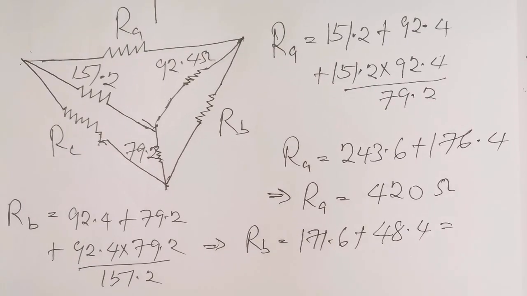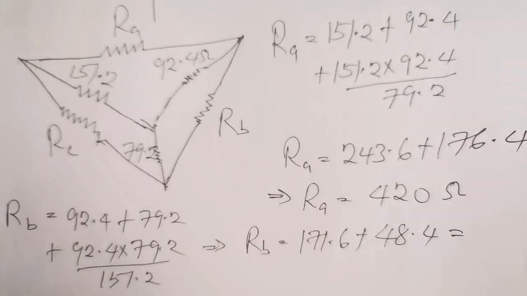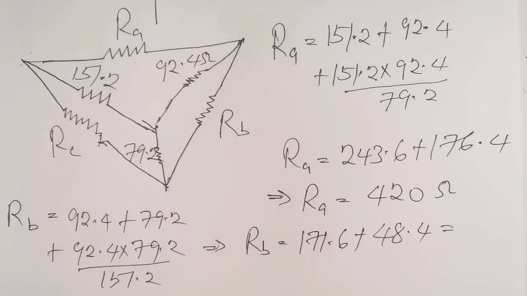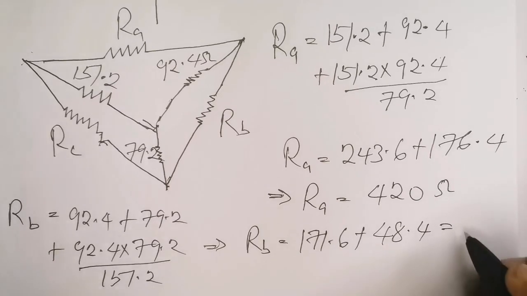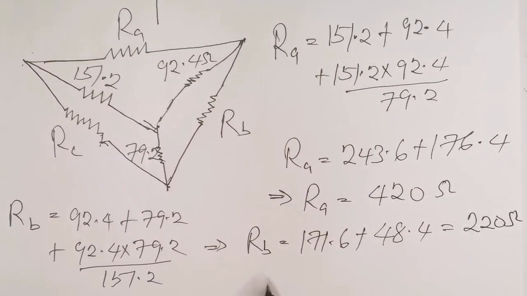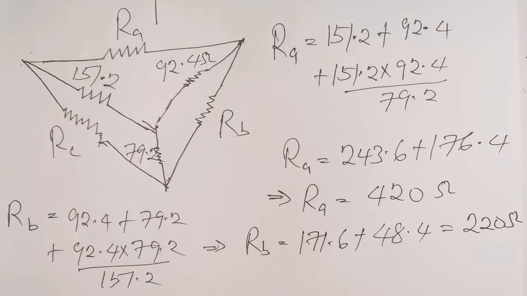Now let's add this together with 171.6, and this simply gives us 220 ohms. So RB is simply 220 ohms.